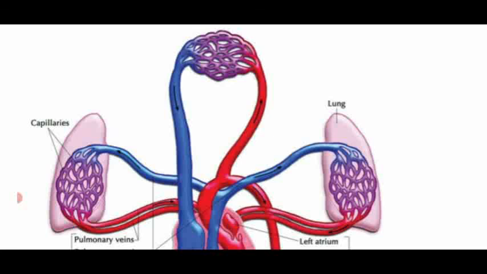Some animals show only one circulation, where oxygenated and deoxygenated blood are mixed together and flow as one. That is single circulation, seen in fish, amphibians and certain reptiles.